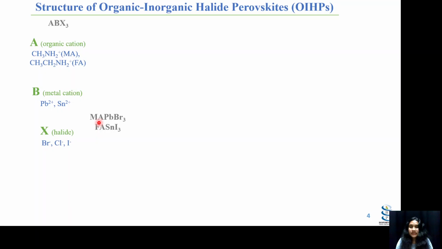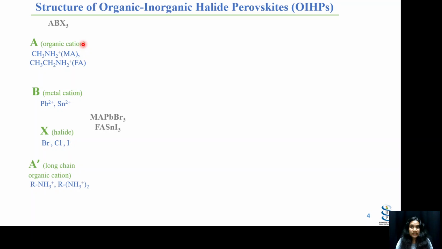OIHPs might have another organic cation known as A dash, and this has a longer alkyl chain compared to this organic cation A, which is a small organic cation. When we introduce another long chain organic cation A dash in ABX3, it results in different dimensionality in the resulting perovskite structure. So these are the various structural possibilities of the OIHPs.